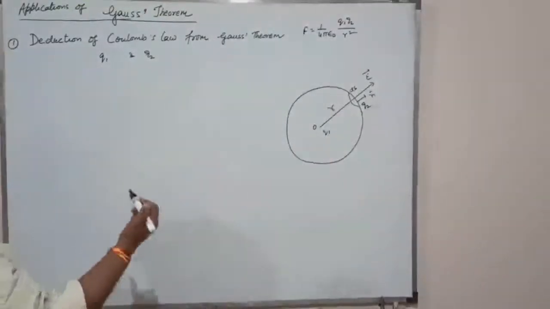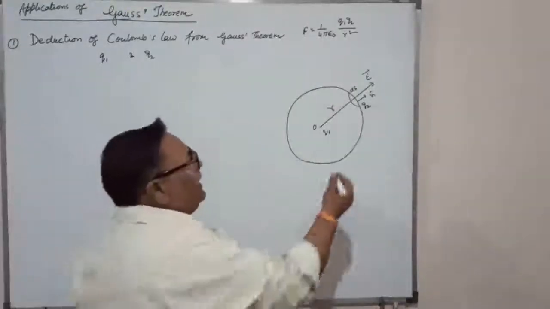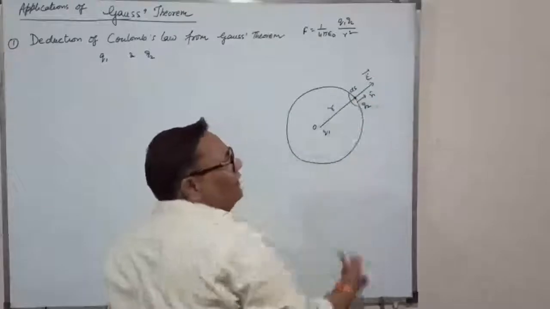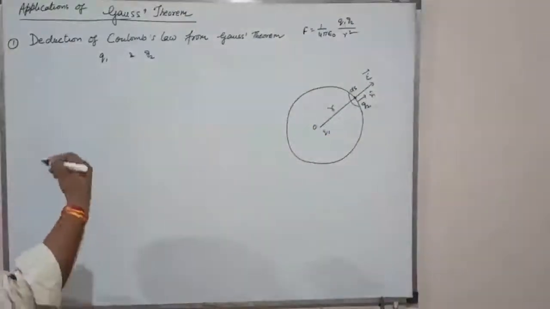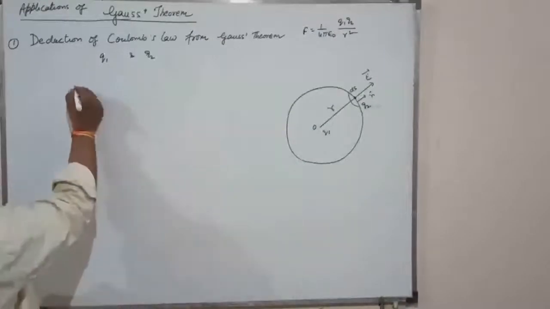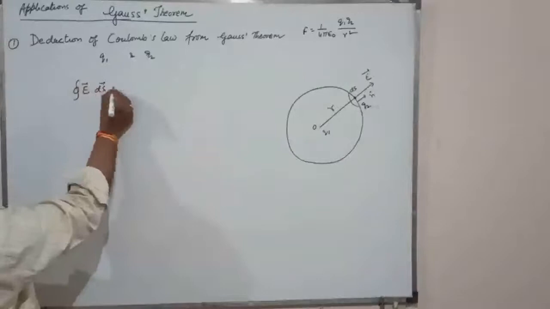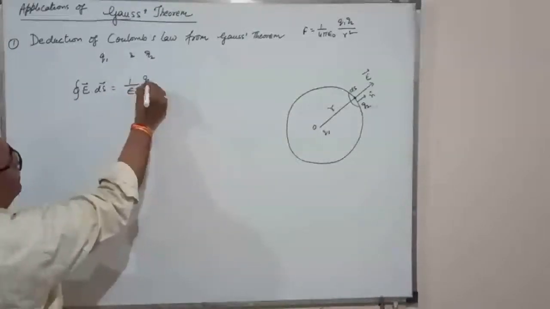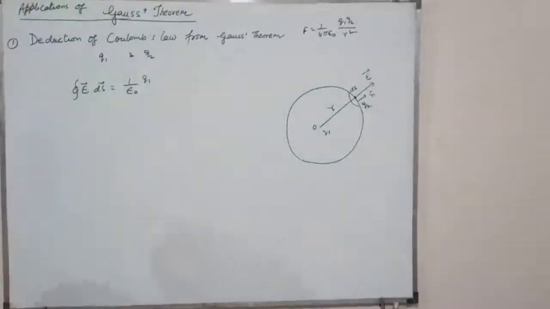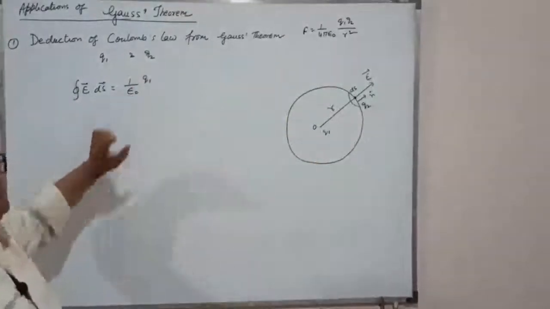Then according to the Gauss theorem, the electric field intensity at the surface of the spherical surface, E dot ds is equal to 1 upon epsilon 0 times total charge enclosed by the surface. Means Q1 is enclosed, therefore Q1 is here.